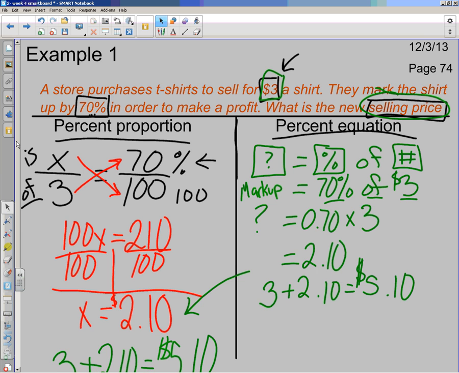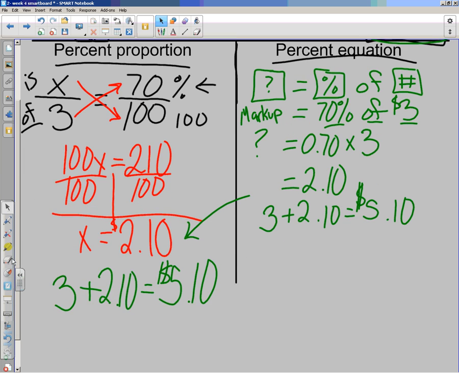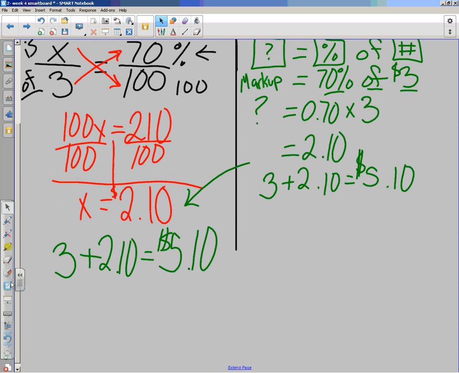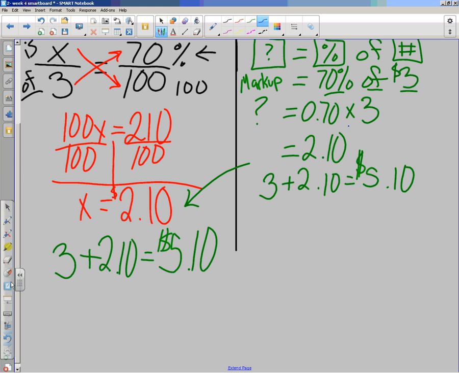But there's another way you can think about this problem that's really kind of neat. Instead of taking it in two steps, for example, calculating the cost of the markup and then adding it to your original price, you can think of it in a slightly different way. So instead of finding 70% of the cost and then adding it to the cost, why don't we find 170% of the cost for the store?